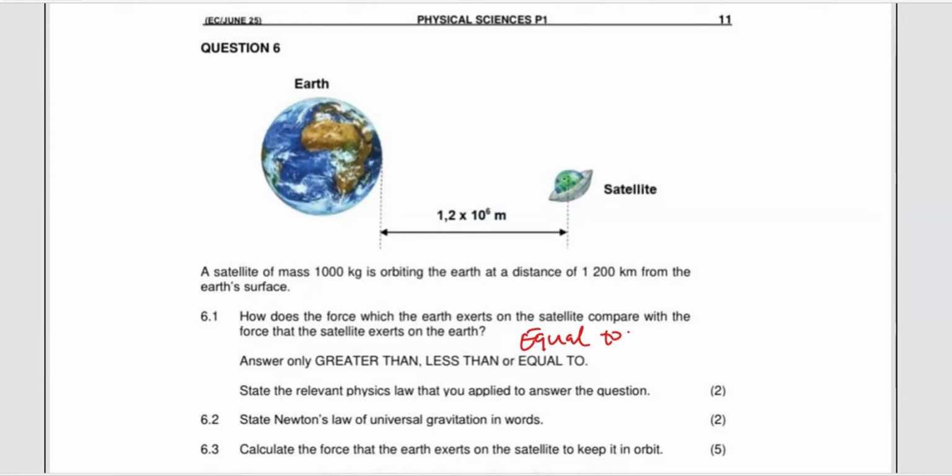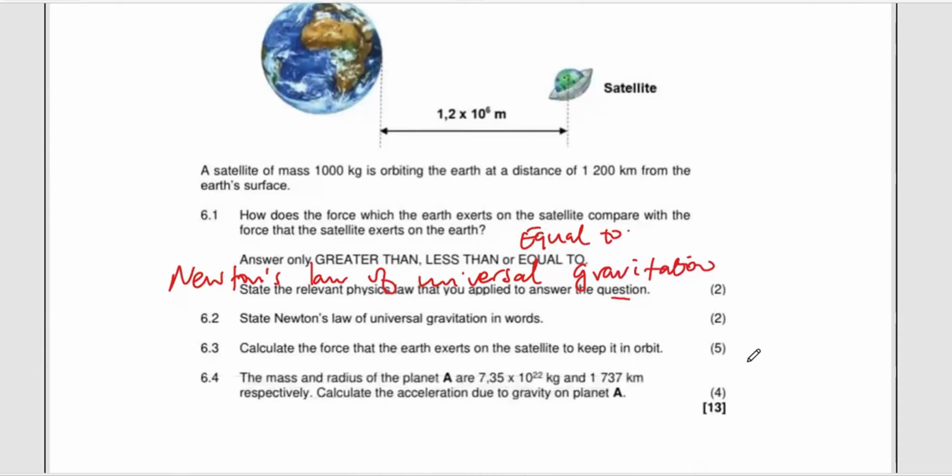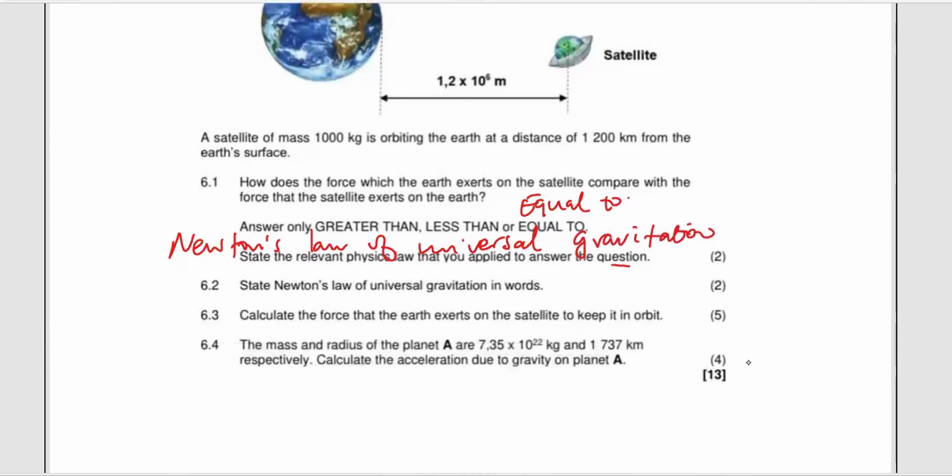Can we state the relevant law that you apply to answer the question? That is Newton's law of universal gravitation. Okay, and then they ask us to state that law.